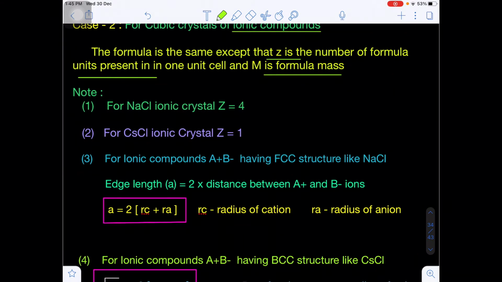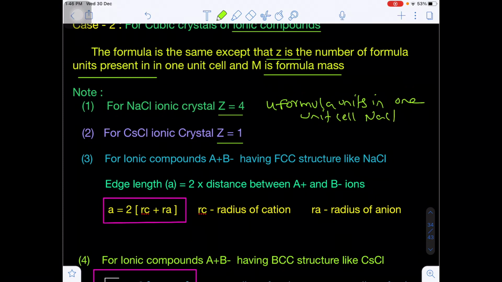Let's suppose we have the sodium chloride ionic crystal. Here we have to consider the Z value 4. In case of the cesium chloride crystal, we have to consider the Z value 1. That means there are 4 formula units in one unit cell of sodium chloride.